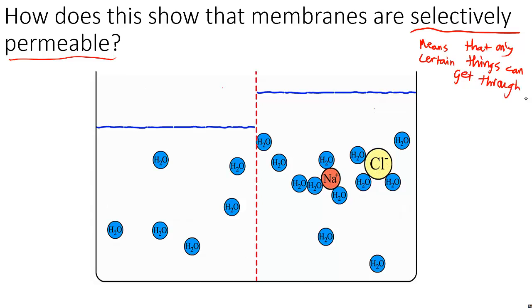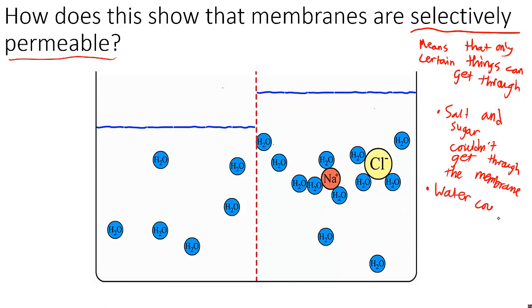So if you look, the salt and sugar couldn't get through the membrane. Salt and sugar couldn't get through the membrane because they stayed on one side. They stayed on the outside of the potato. But water could move back and forth.